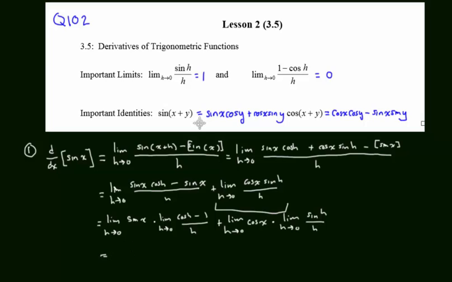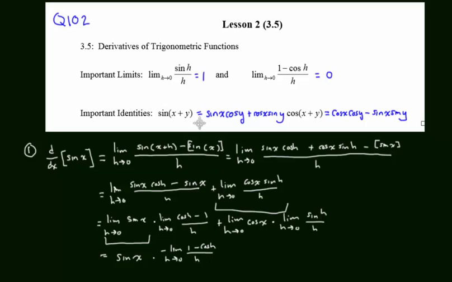So at this point, I'm going to look at the first of the two in the first product, and h is going to 0 of sine of x. Well, h is varying and sine of x is treated like a constant, so that's simply sine of x. From the identity above, if I want to be a good technician here, I want to say negative limit as h goes to 0 of 1 minus cosine h over h.